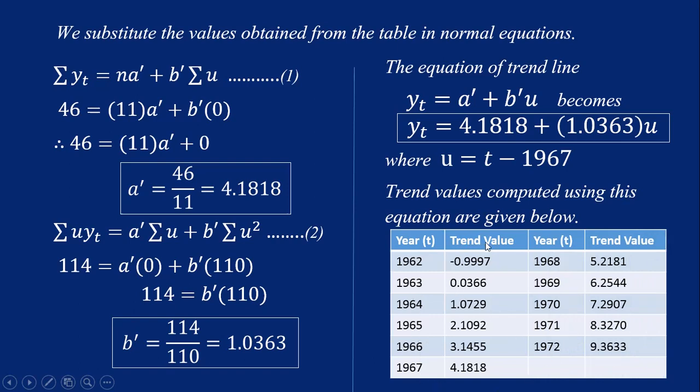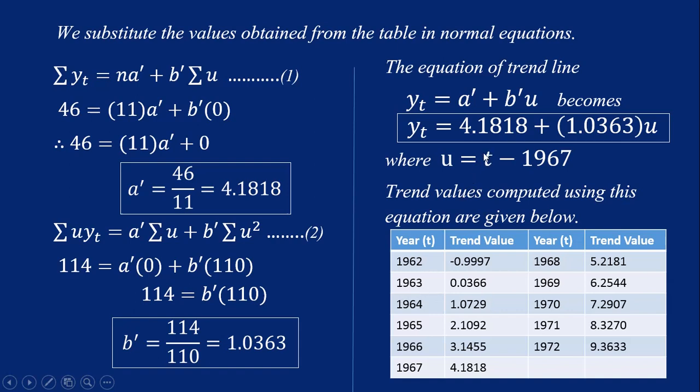Now how to calculate the trend value? We substitute 1962 here. So 1962 minus 1967 is minus 5. Therefore u is equal to minus 5, and we substitute minus 5 here and calculate yt. We get yt is equal to minus 0.9997. Now to calculate the trend value for 1963, the value of t is 1963.